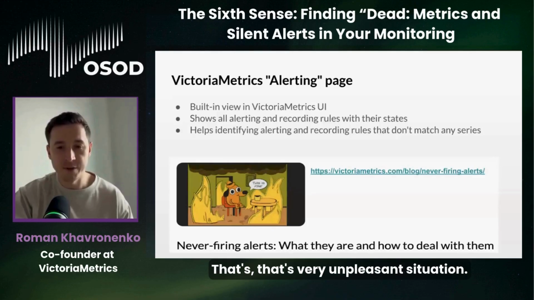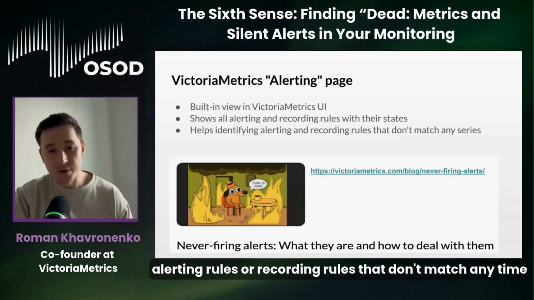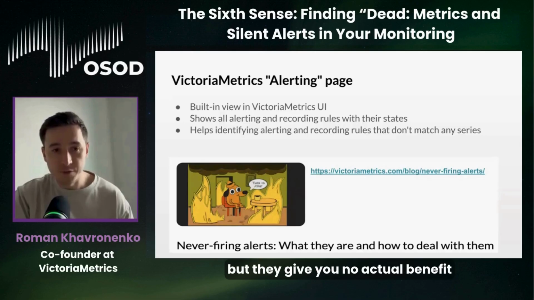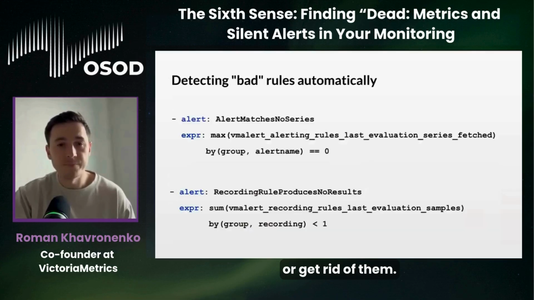That's a very unpleasant situation. And the second thing, alerting rules or recording rules that don't match any time series just use your resources, but give you no actual benefit from it. So it's okay to either fix them or get rid of them.